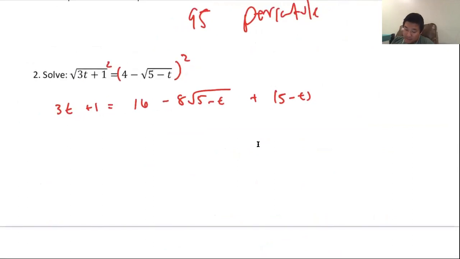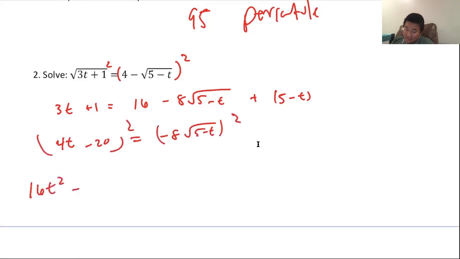I got 3t plus t, so 4t plus 5, 21 minus 20 equals negative 8 square root 5 minus t squared.